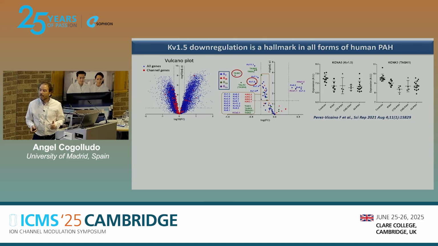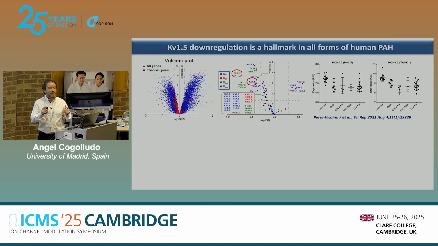The amount is quite similar. But if we focus on those genes encoding for cation channels, we see that the majority are downregulated. The majority that are impaired in PAH. And especially potassium channels, including Kv1.5 channel and TASK-1 channel, one of the other potassium channels that have been involved in pulmonary arterial hypertension.